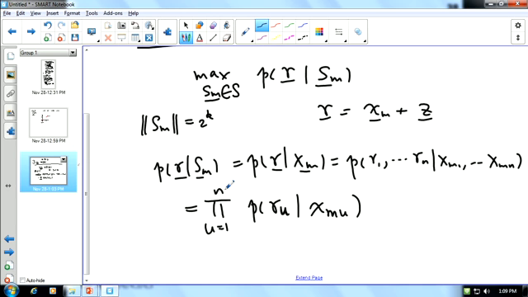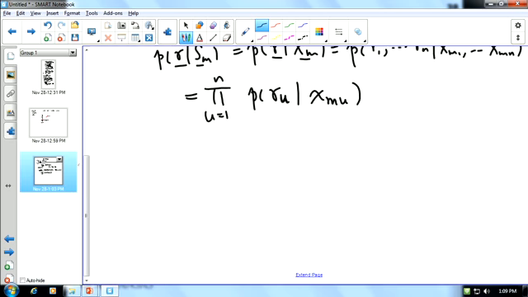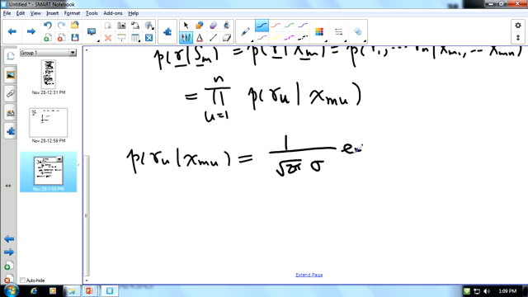Because they are independent, we can write it as the product of each individual PDF. And what is P(R_u | X_mu)? Again, this is just a Gaussian with variance sigma squared, in terms of (R_u minus X_mu) squared.